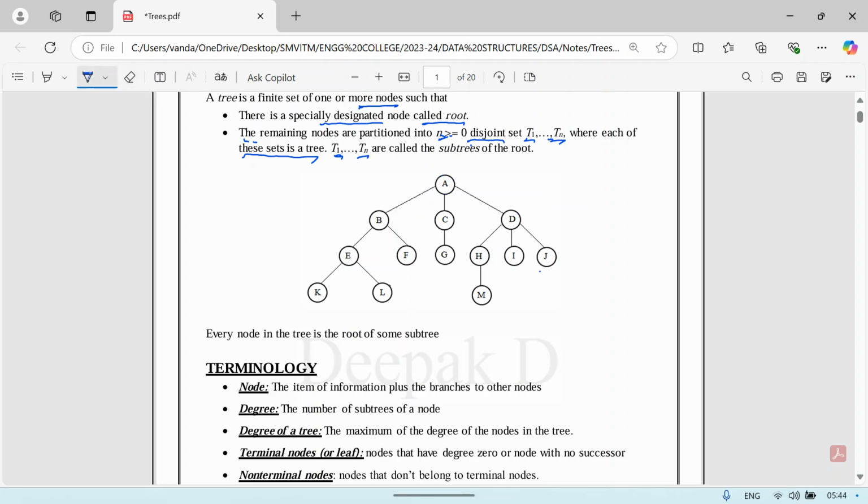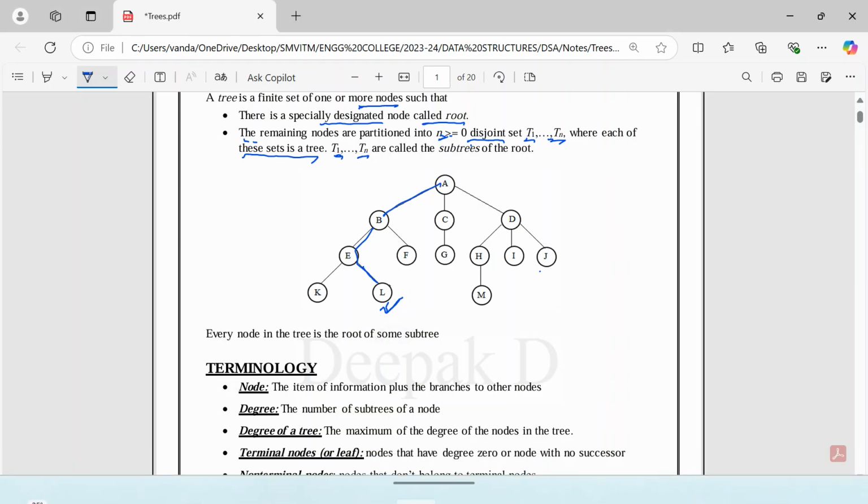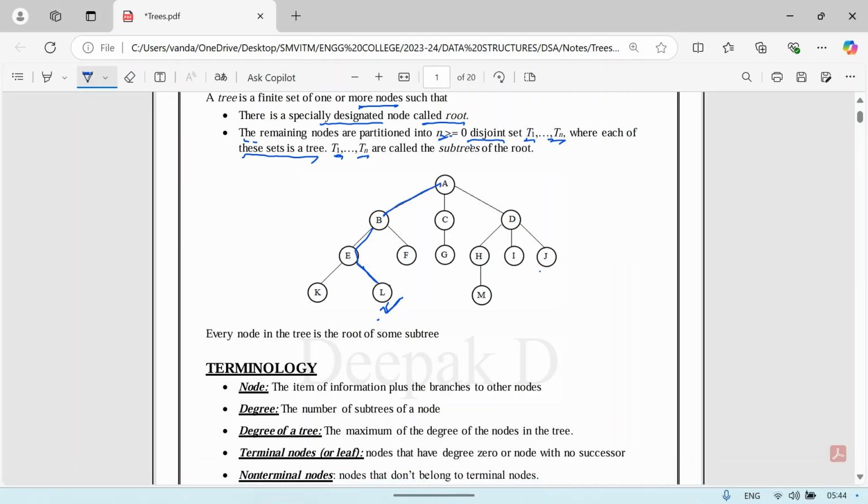So here, ancestors means, for a given node, all its previous nodes. See here, for example, L. For L, I have E, then B, then A towards its root, right? So we can say that the ancestors of L are E, B, and A. Are you understanding?